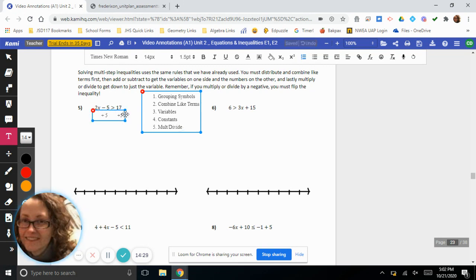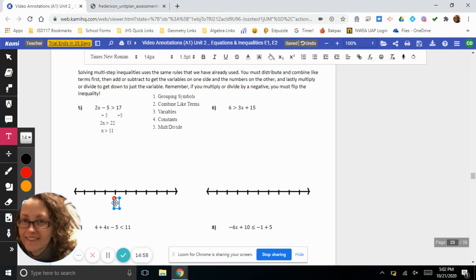So that's why I'm doing the +5 first, because in my order of operations, that is the first thing that I have to do. So I have 2x left here, and 17 plus 5 is 22. So then I get x is greater than 11.